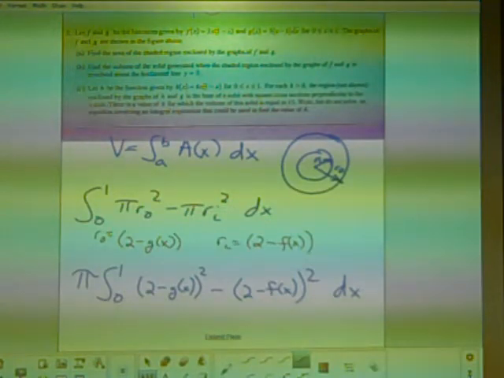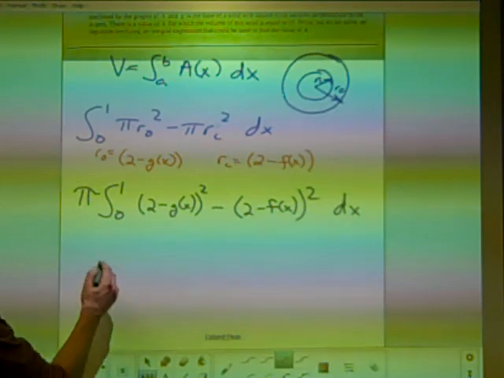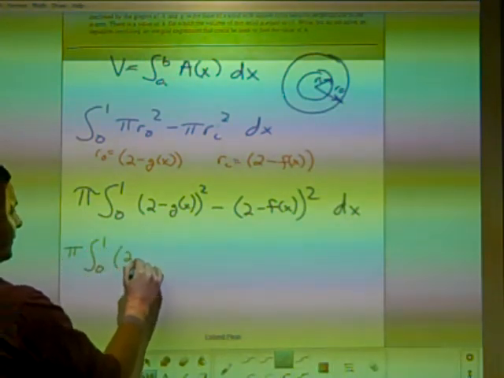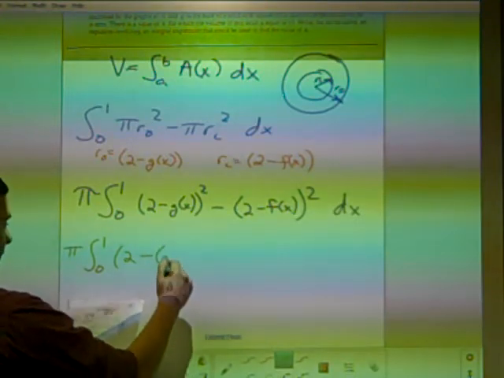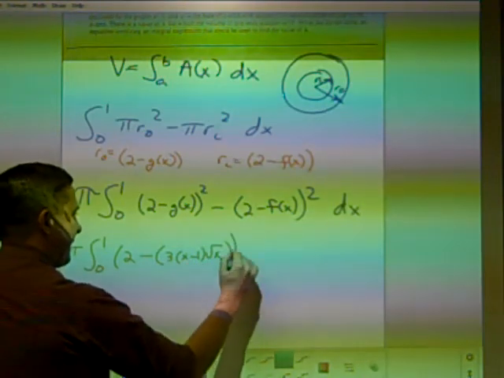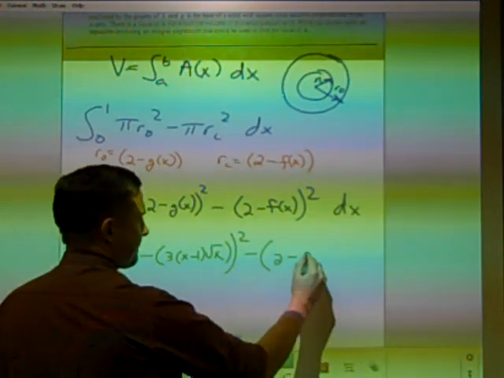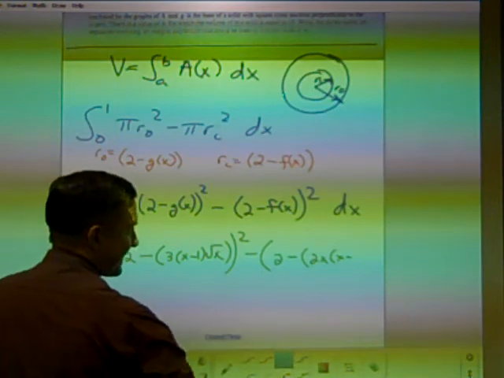Now we have to work this to an answer. Again, I would do this in my calculator. What I would put in my calculator is this, and you've got to be careful here. Do you guys agree g of x is 3 times x minus 1 times the square root of x squared minus 2, minus 2x times x minus 1 minus x.